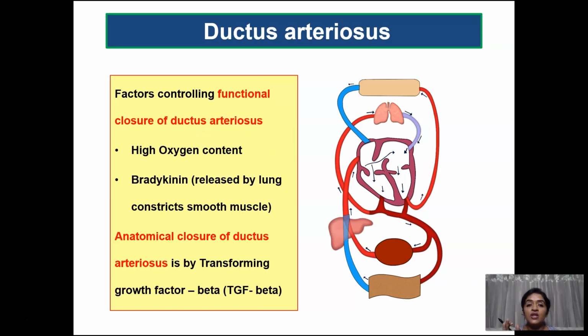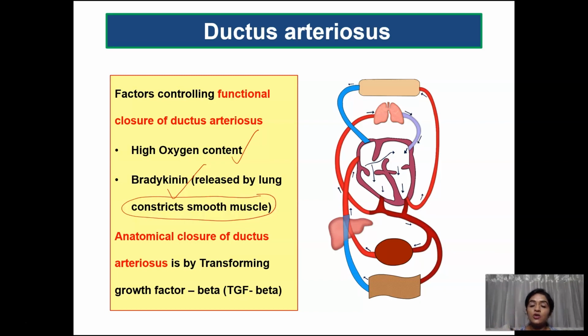The factors controlling the functional closure of the ductus arteriosus are high oxygen content and bradykinin, which is released by the lung smooth muscles. So when the bradykinin is released by the lungs, it will constrict the smooth muscles of the ductus arteriosus, and that will constrict the ductus arteriosus as a result.